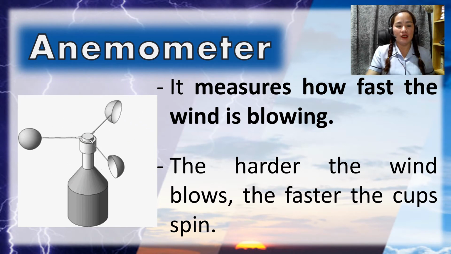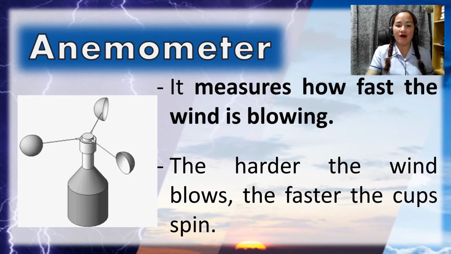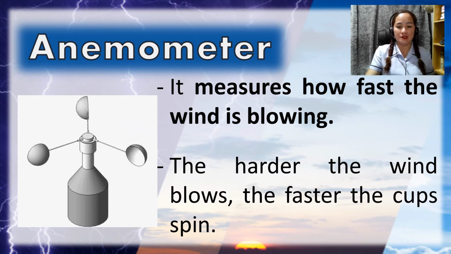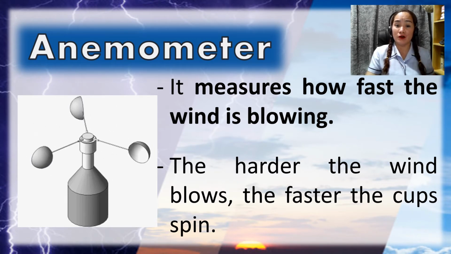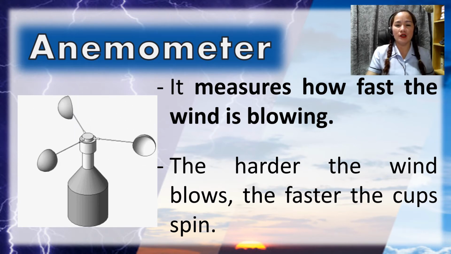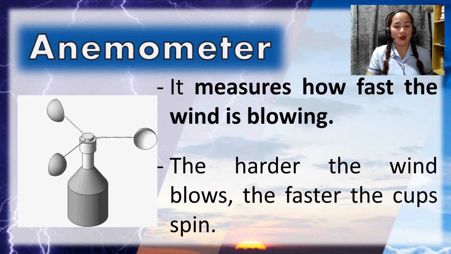The second one is the anemometer. It measures how fast the wind is blowing. The harder the wind blows, the faster the cups spin. So anemometers are important tools for meteorologists who study weather patterns. They are also important to the work of physicists who study the way air moves.